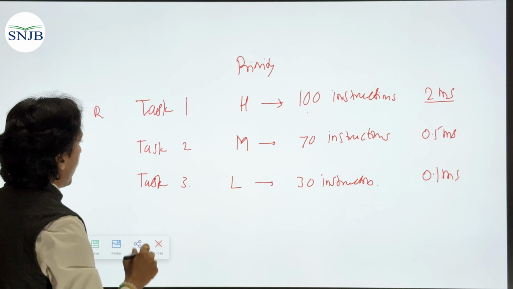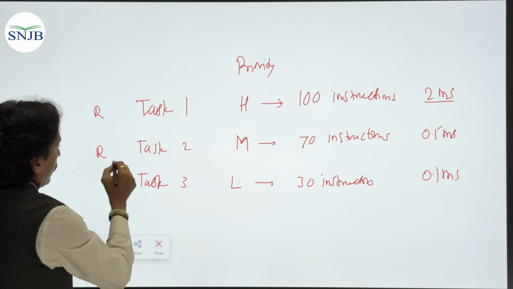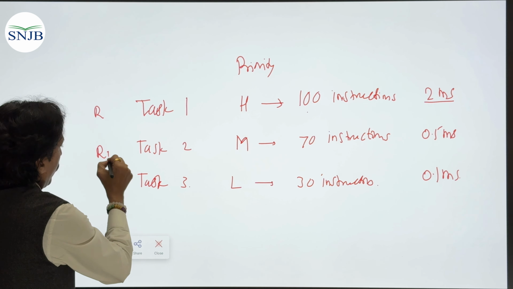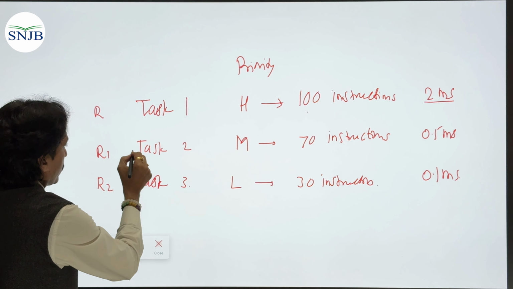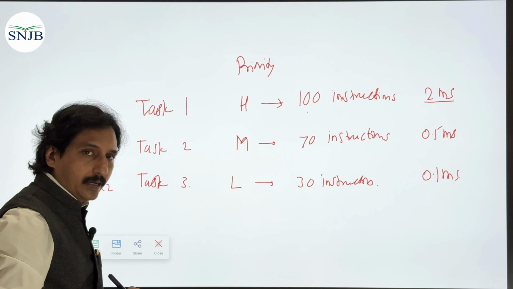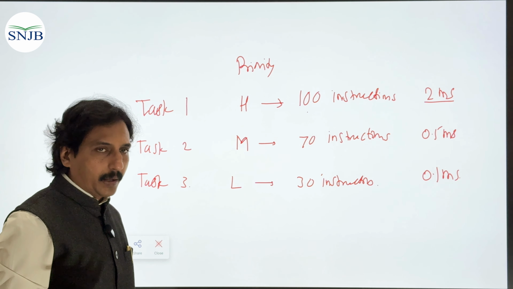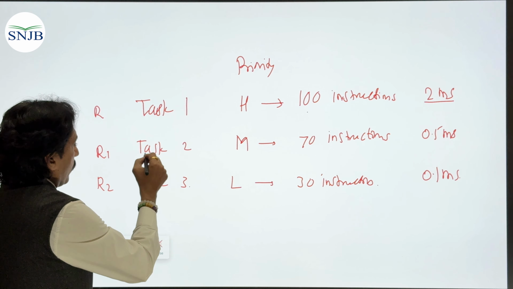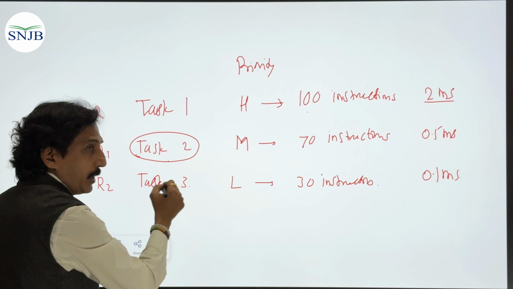Second scenario is that if this task is requesting, and secondly this task is also requesting at the same time, in that case the scheduler senses which task has the highest priority. Now in this case, among these two, task 2 has more priority as compared to task 3.